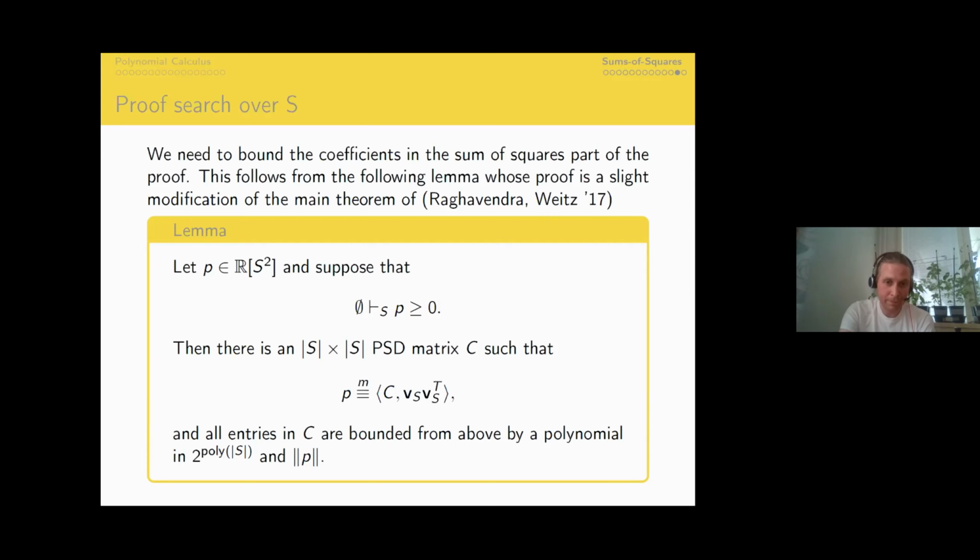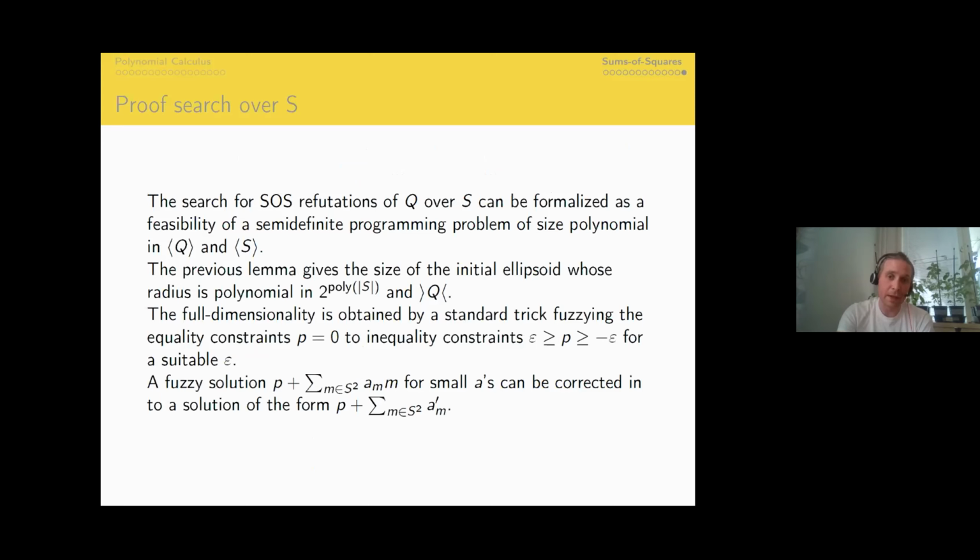So using this lemma, this gives us our initial ellipsoid, and so the proof search, as stated, can be formalized as a semi-definite program of size polynomial in the encoding of the given Q's and the size of S. We get this initial ellipsoid from the previous lemma, and the full dimensionality we can obtain by a standard trick of fuzzying the many equality constraints in the SDP to these kinds of inequality constraints for a suitably small epsilon.